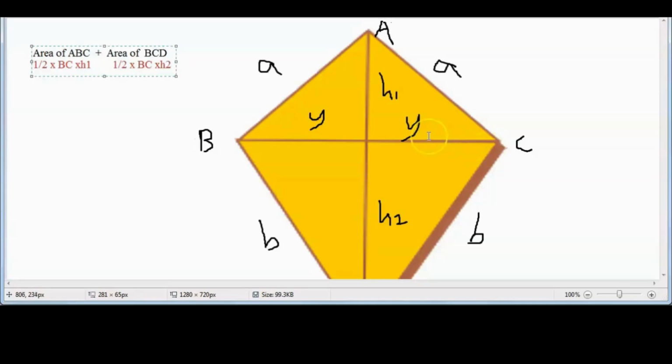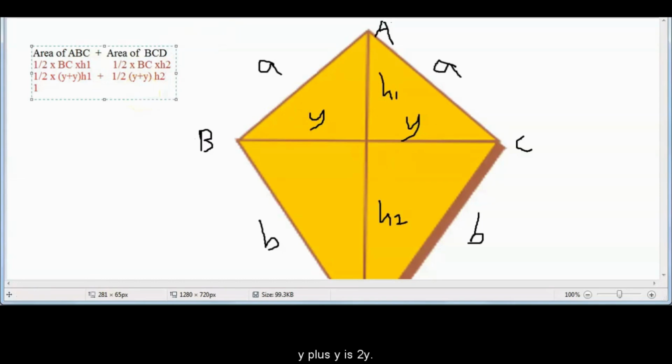Now if I replace BC with Y plus Y, I'm going to have half times Y plus Y times H1 plus half times Y plus Y times H2, where BC is the same thing as Y plus Y. So Y plus Y is 2Y.